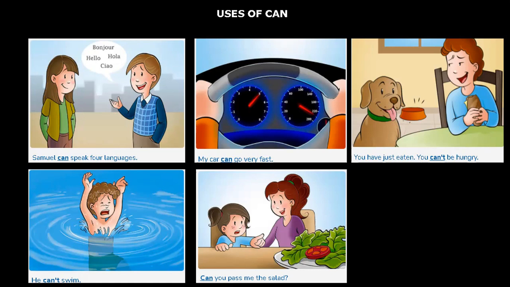Next example. Elsa, can you read it? Can you pass me the salt? Okay, very good. Aquí no es tanto decir que tienes la habilidad, porque obviamente todos podemos pasar algo, right? Aquí es más bien una pregunta hacia la otra persona, si te puede hacer, we can call it maybe a favor, if the person is able to do that favor for you. Can you pass me the salt? This is very commonly used in informal contexts.